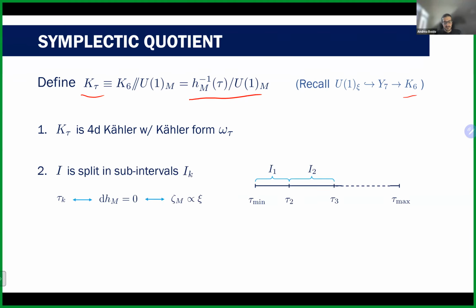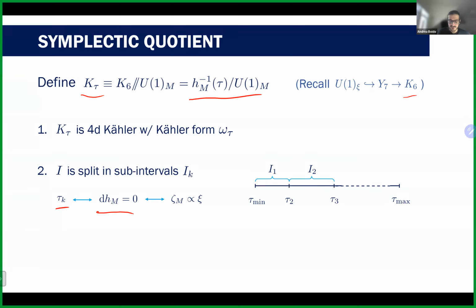The second consequence is that the interval, which is the image of the moment map, is split into subintervals I_k, as I'm drawing here on the right. The extrema of these intervals, which I'm calling tau k, are precisely identified with the values of the moment map at the critical points of the moment map itself.